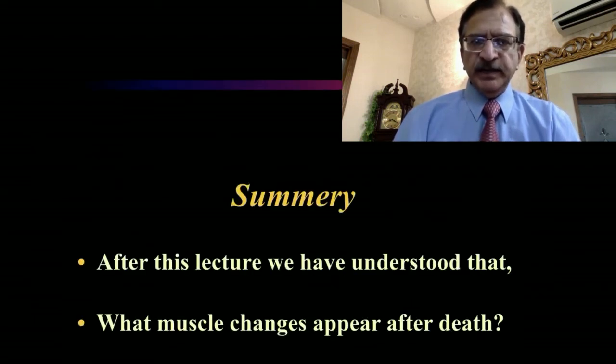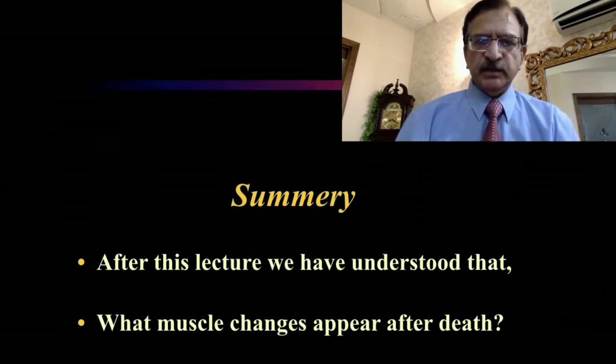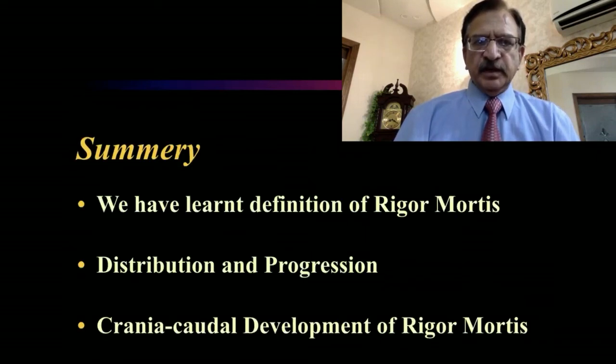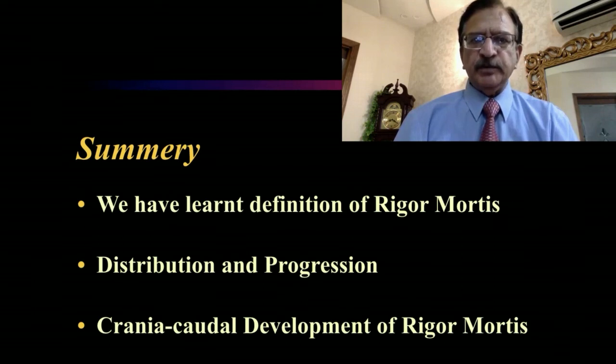So the summary of today's lecture is that we have discussed what changes appear in the muscles after death, and they are primary flaccidity, the rigor mortis, and the putrefactive rigidity and secondary relaxation. Then we have learned the definition of rigor mortis and distribution of rigor mortis, how it progresses.